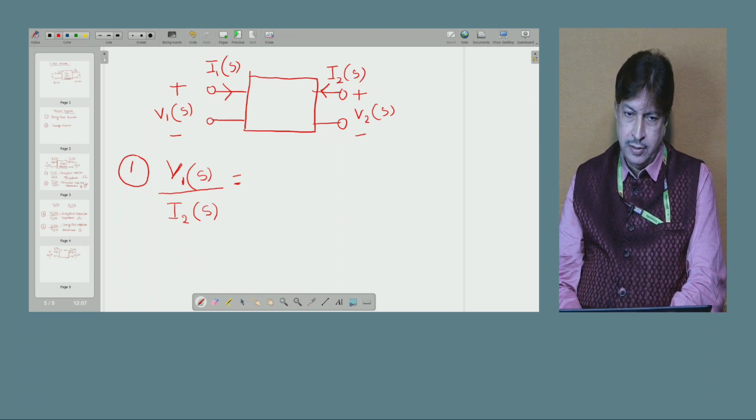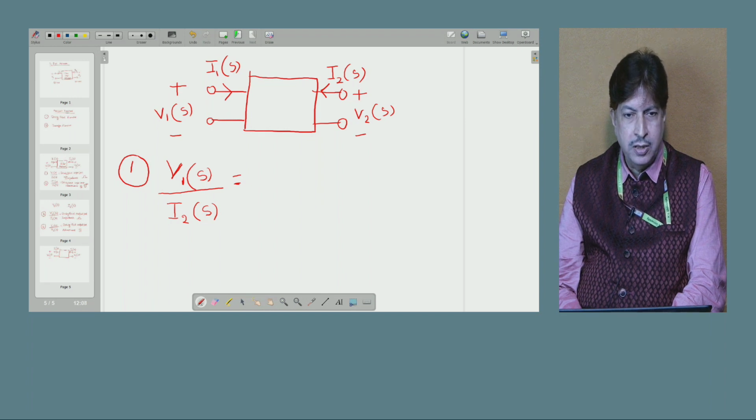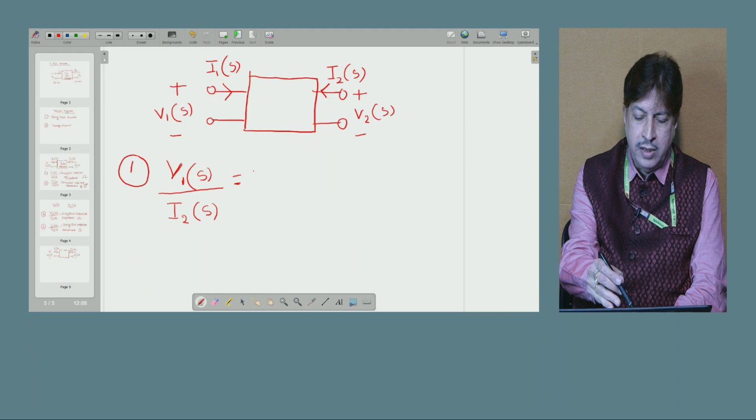I repeat, if the numerator variable belongs to the input side and the denominator variable belongs to the output side, then that particular transfer function is called a reverse transfer function.